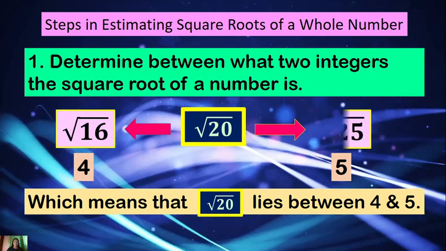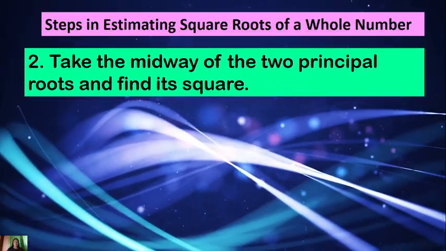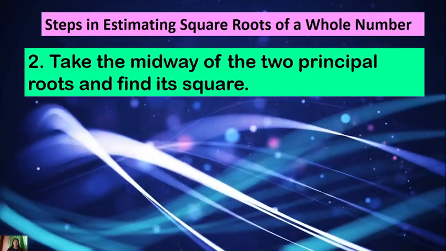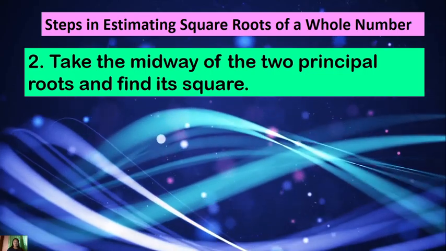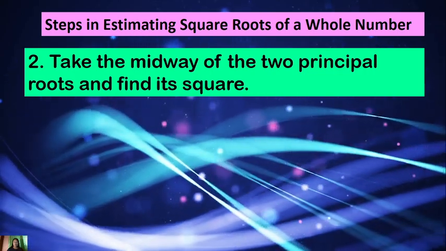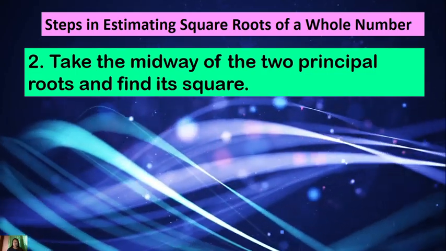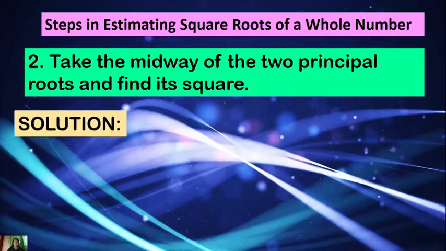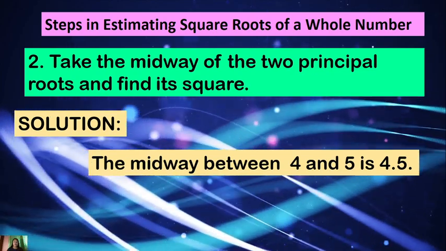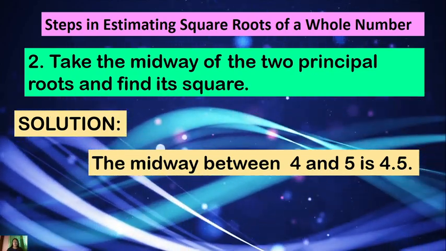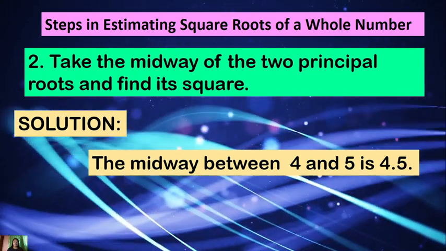Next, let's have number 2. Okay, so we have two processes in step number 2. Number 1 is to take the midway of the two principal roots and then find its square. For our solution, the midway between 4 and 5. So the principal roots are 4 and 5.